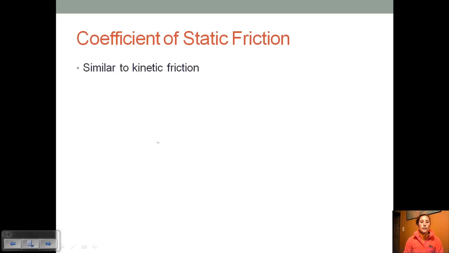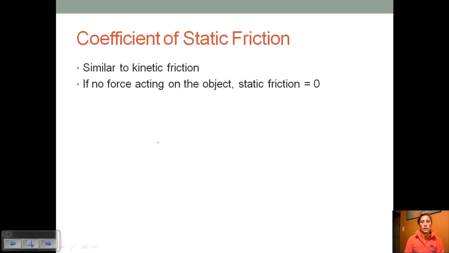Okay, let's look at the coefficient of static friction. This is very similar to the coefficient for kinetic friction, but remember, static friction is when there's no motion. So if an object is sitting there and there's no force acting on it, then we would say that the static friction is 0. We can also take our coefficient of static friction and relate it to the force due to static friction and the normal force.